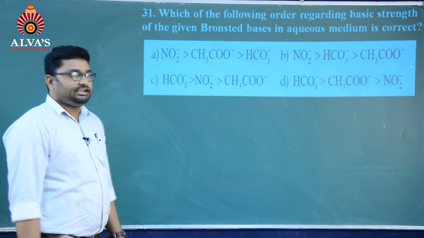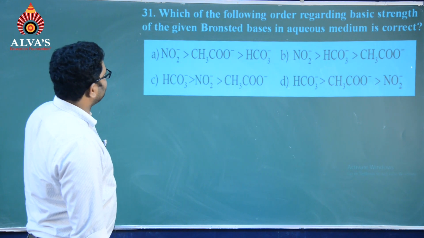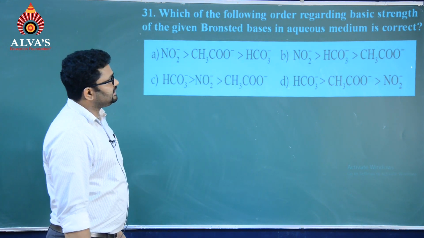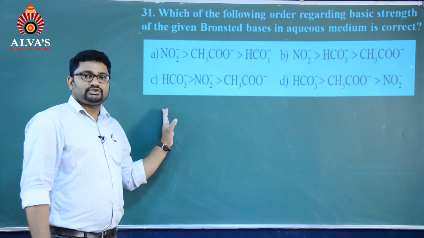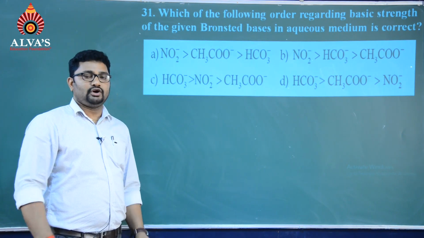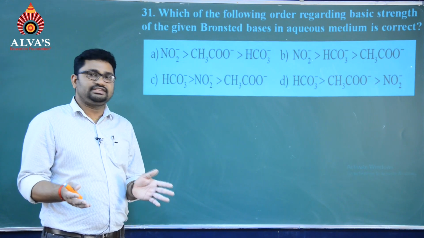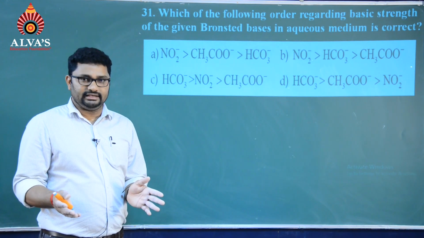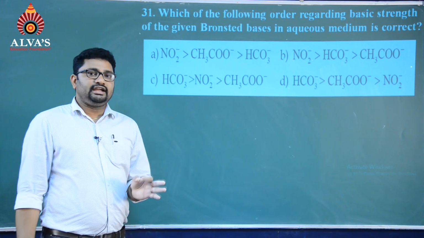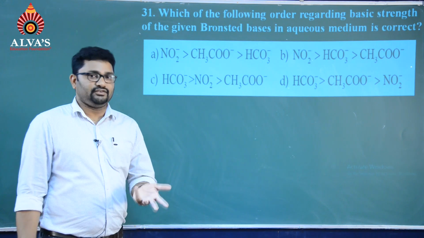Okay. Question number 31. Which of the following order regarding basic strength of the given Bronsted bases in aqueous medium is correct? Students, this is based on conjugate acid base pair. Conjugate acid base pair means a pair of acid and base which differ by a single proton. Here, if the conjugate acid is strong, its base will be weak and vice versa.